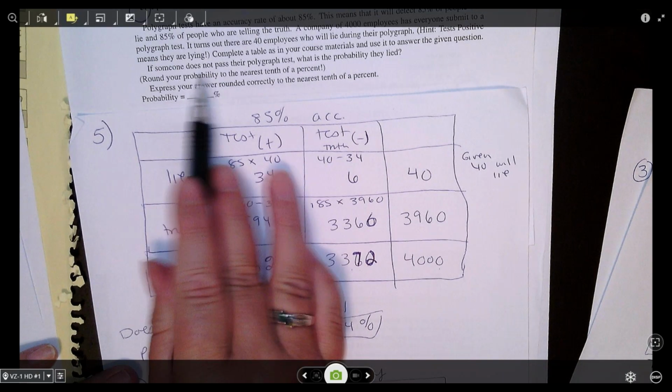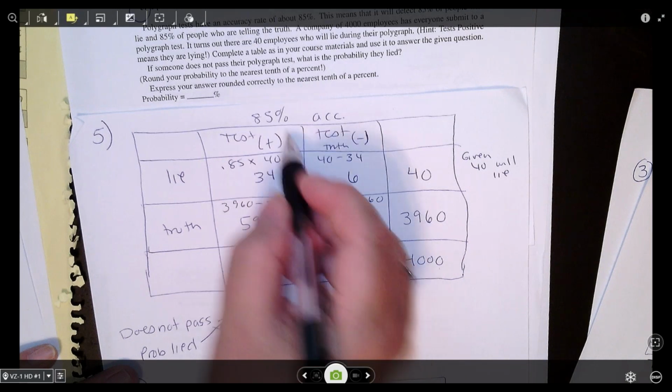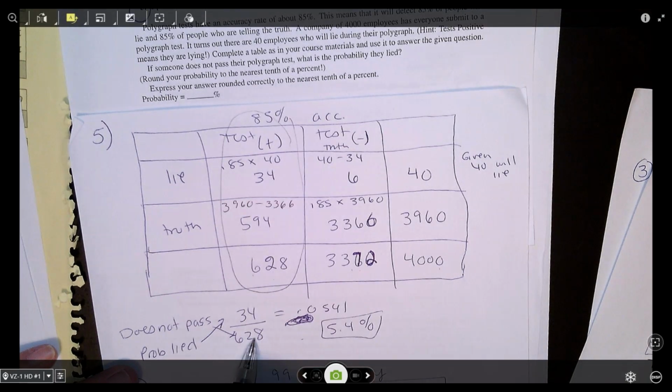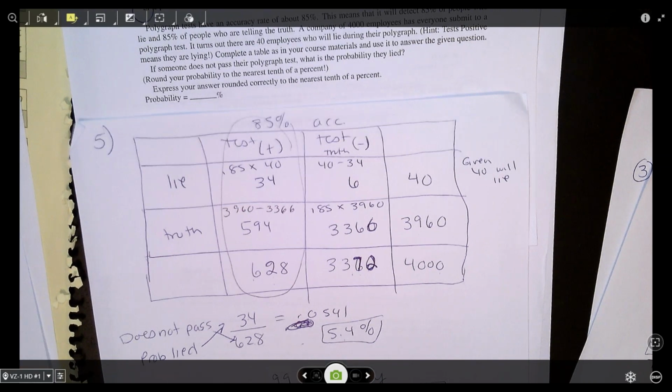If someone does not pass their polygraph test, that means it tested positive, so the denominator is 628. What is the probability they lied? 34 lied. 5.4% chance they lied. And again, that is a true positive. Okay. And again, you can go back and look at that later.